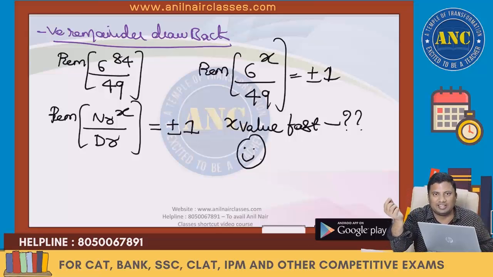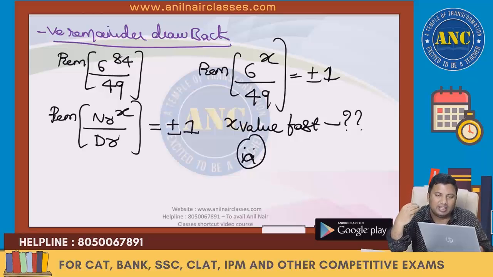6 square is 36. 6 cube is 216. So finding out which power of 6 when divided by 49 is plus 1 or minus 1 is extremely difficult for us. That is the reason negative remainder, by using negative remainder, we might not get a few problems' direct answer first.